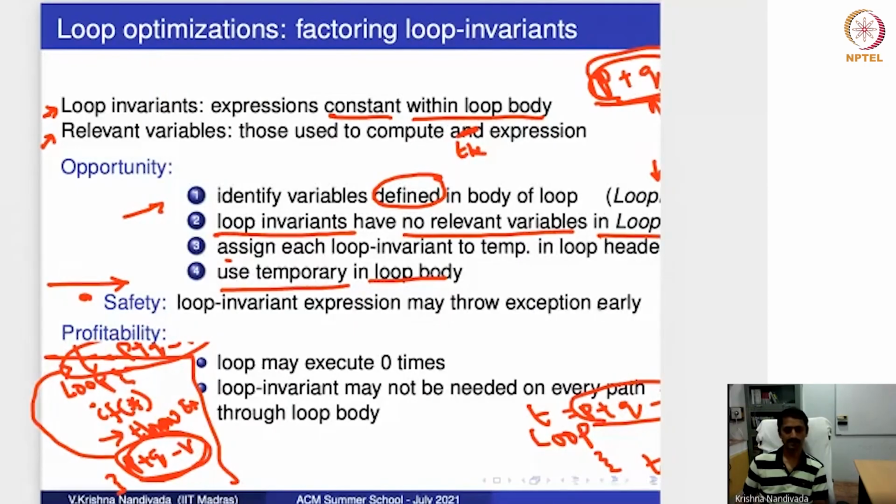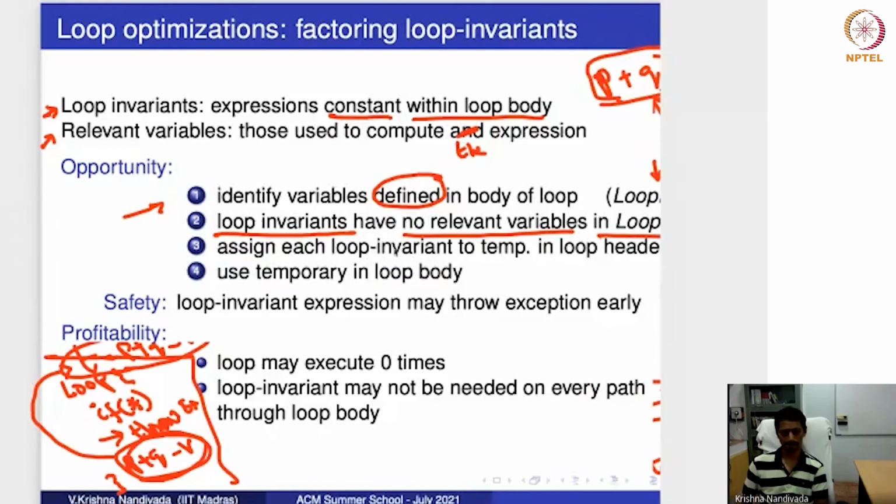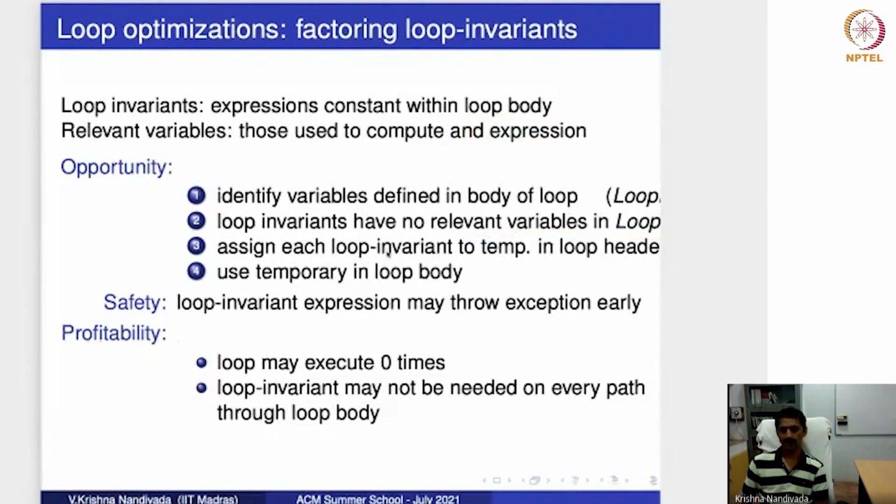Okay? Can someone tell when is loop invariant code motion profitable? The loop should execute at least once. If the loop executes 0 times, then we have done the computation unnecessarily.